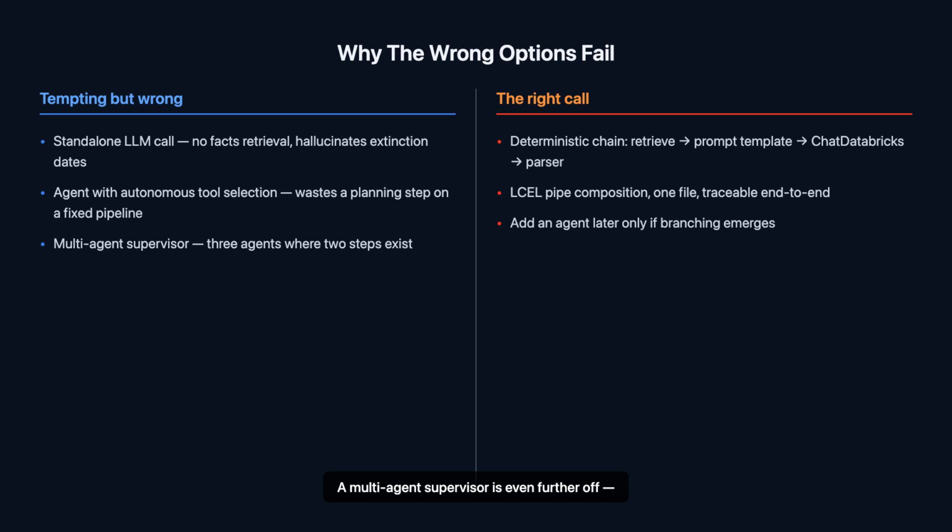That's 3 agents for a problem that has 2 steps. The right call is a deterministic chain: retrieve, then prompt template, then ChatDatabricks, then output parser, LCEL pipe composition, one file, traceable end-to-end. If branching emerges later, we can promote it to an agent then.